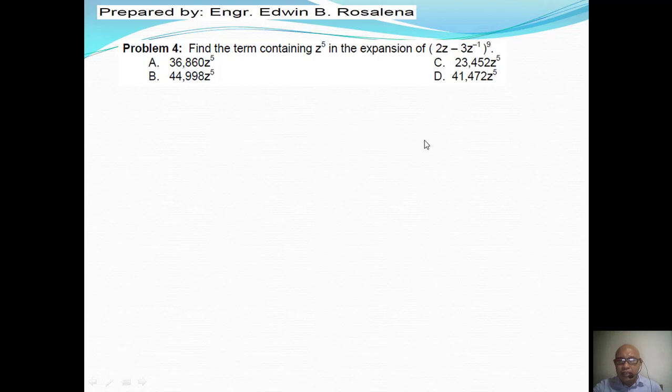So, okay lang sa first term, because ang first term dito, when you expand here, is z to the power 9. Tama ba ko? Z to the power 9 because this is power 0. Pero yung kasunod na dito, this is to the power 8, tapos dito, this is to the power 1. This contains z, and we can combine them into a single one with an exponent.